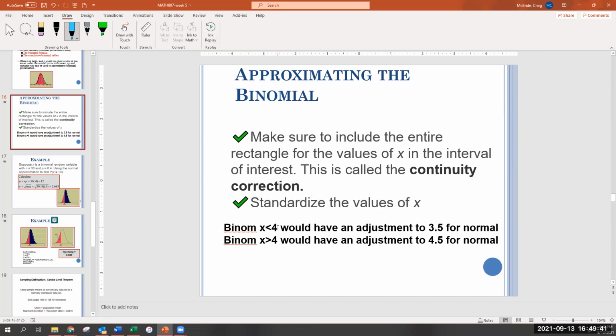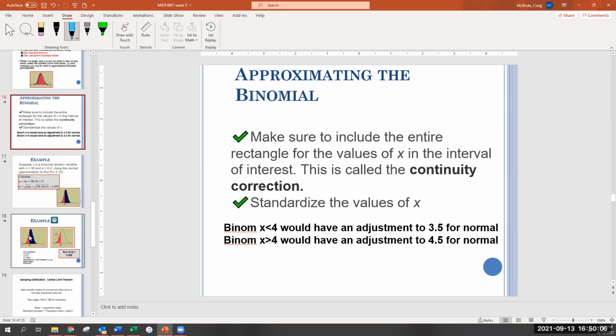What do I do? Well, you just put 3.5, because then it gives you enough of the continuous to include the entire bar for 3.